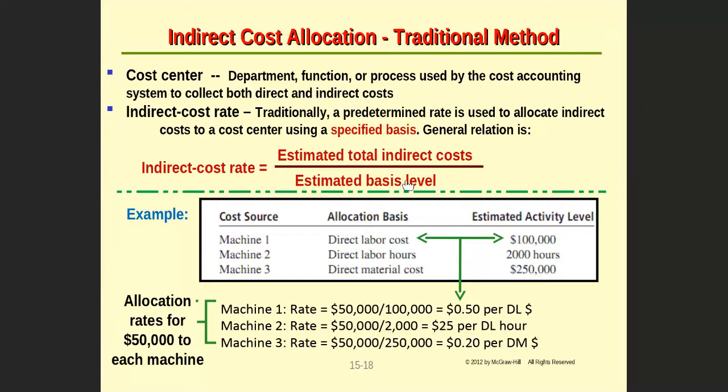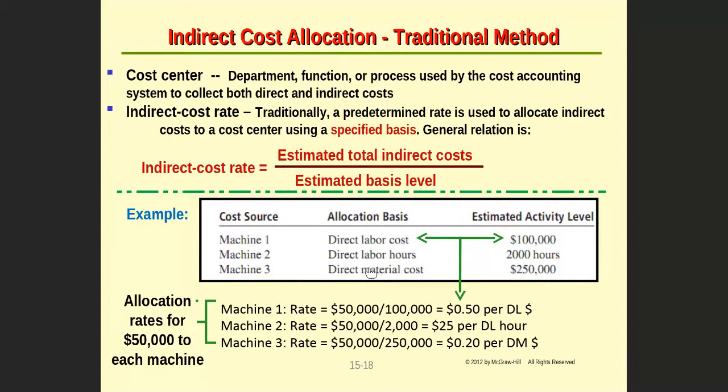An example: if we have the total indirect cost for the machines at 50,000 for each of the machines here, and then we have the basis level, which is the labor cost, the labor hours, and the material cost, given in the allocation basis.